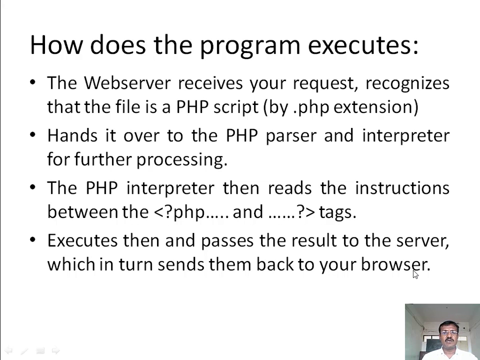Through a web browser like Internet Explorer or Google Chrome, your request will be initiated with the web server over HTTP. My web browser will initiate the request with the server. After that, the web server receives your request and recognizes the file is a PHP script.